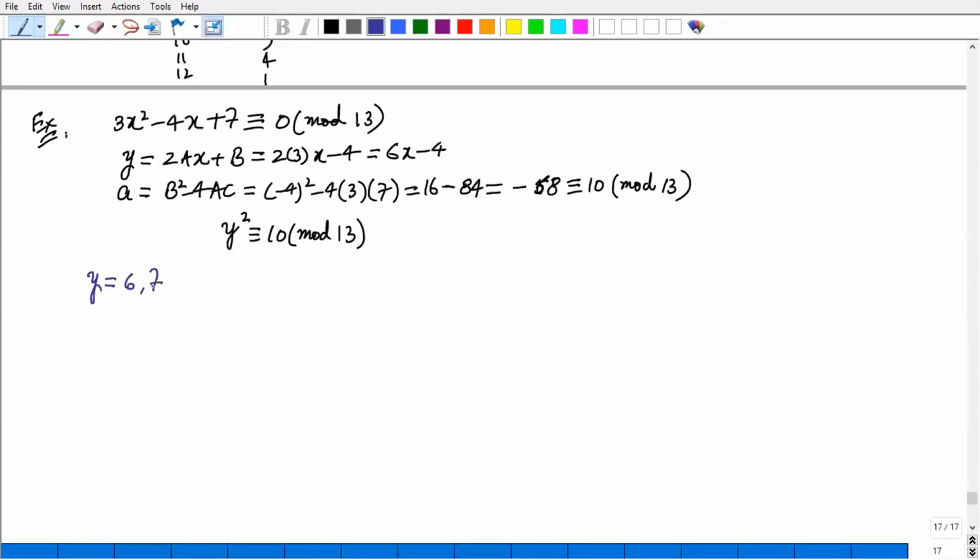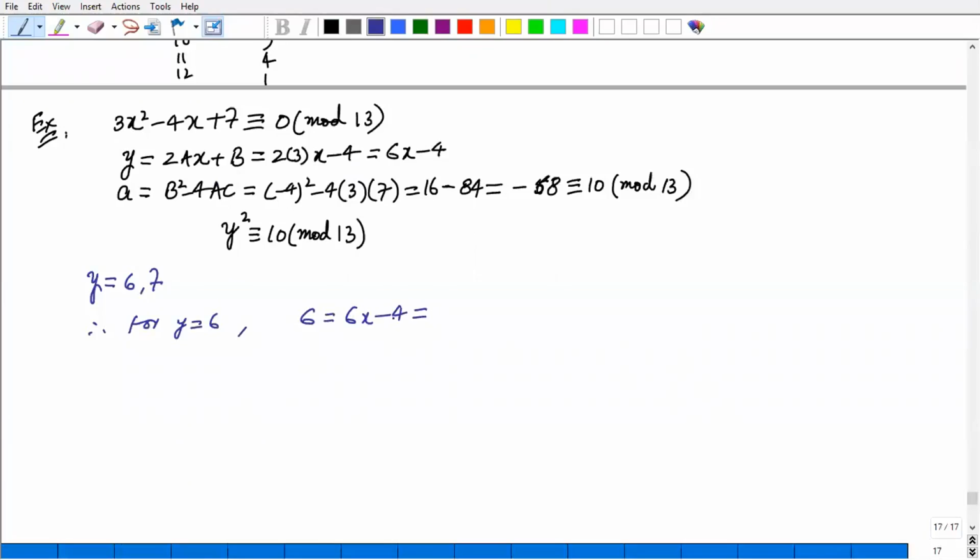So y equals 6 and 7 is a solution. But we need the value of x, and we know that y is 6x minus 4, so we can substitute the value of y here. For y equals 6, we have 6 equals 6x minus 4.